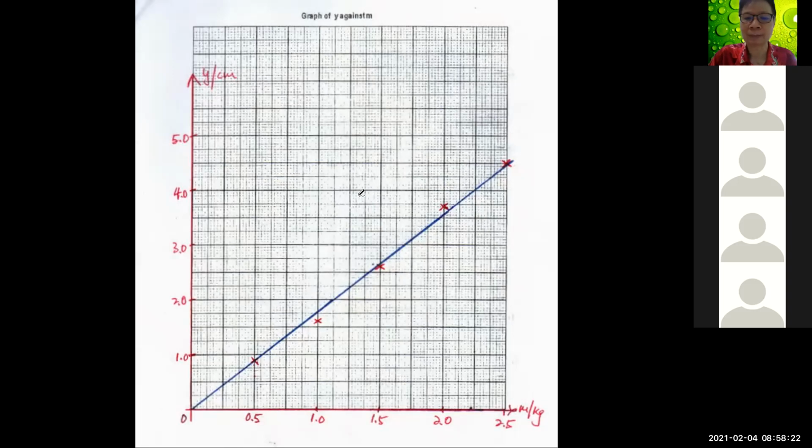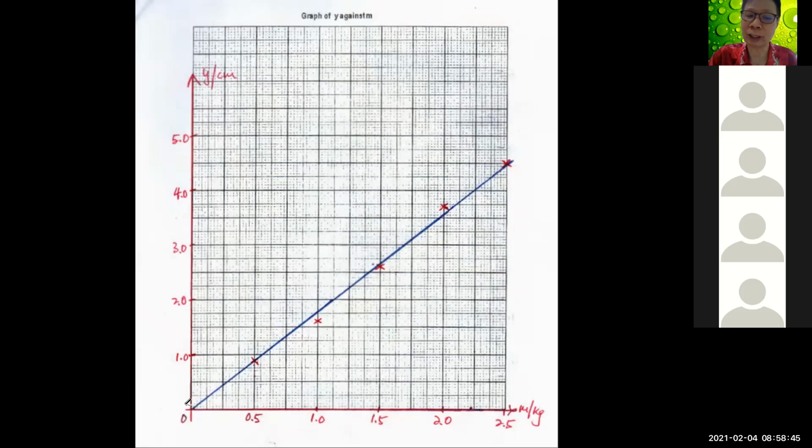Now plot your graph. Follow your own values. Here everyone is the same, here may be different. The best line must start from the origin. You know why? Because when there is no mass, when the mass is 0, do you think it is logical to have a change in the length?